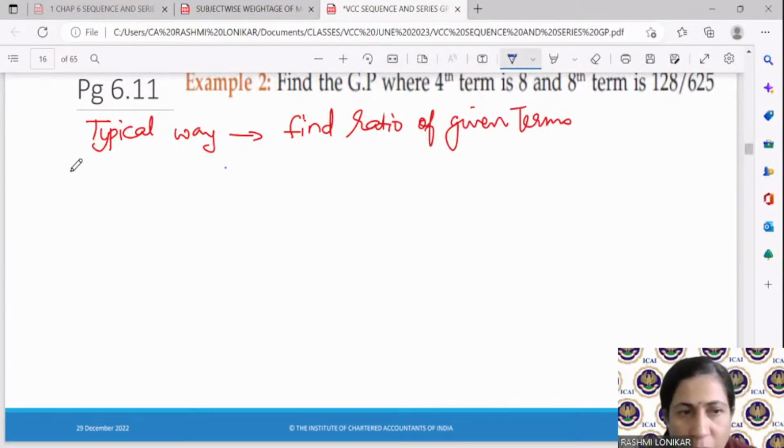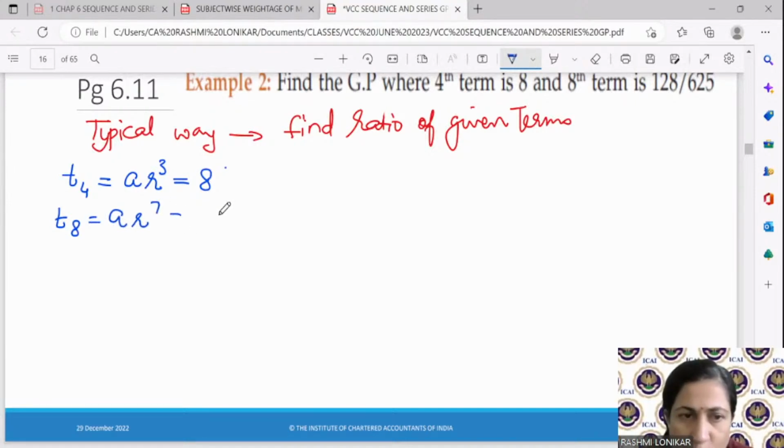Now, what is given to us is T4. How do I write T4? T4 is written as A R cube, that is, 4 minus 1. This is given to me as 8. Then the eighth term T8 is A R raised to 7, given to me as 128 upon 625. Okay. Now this is first and this is second.